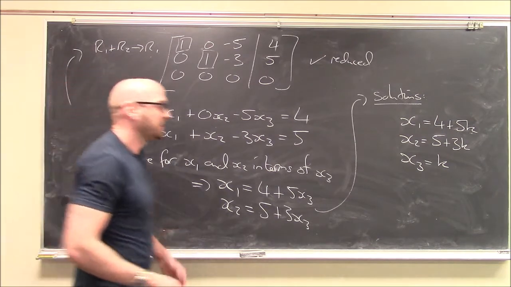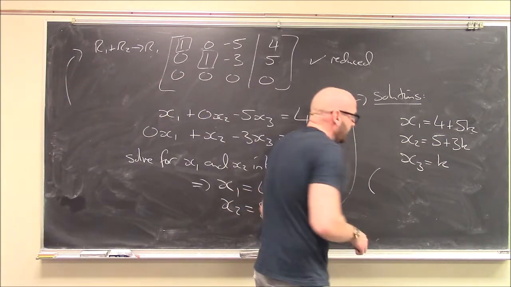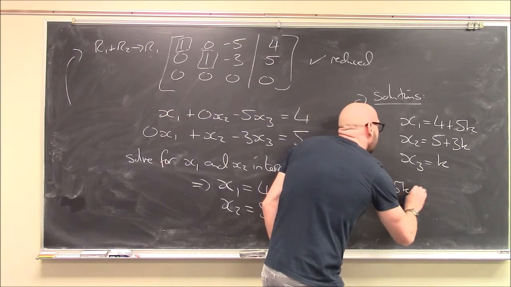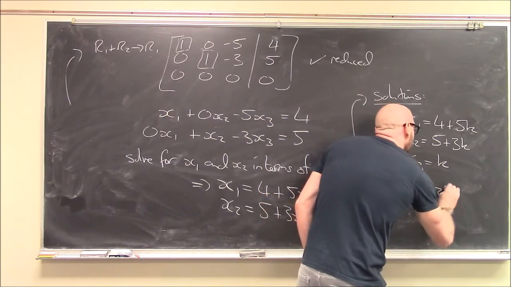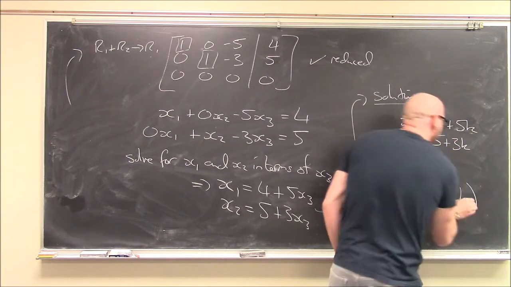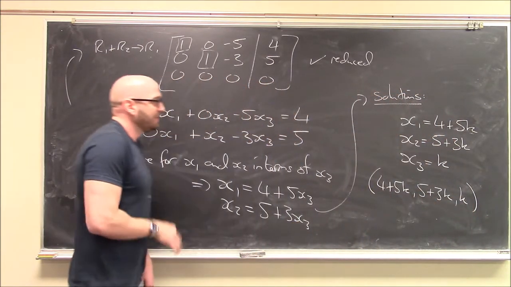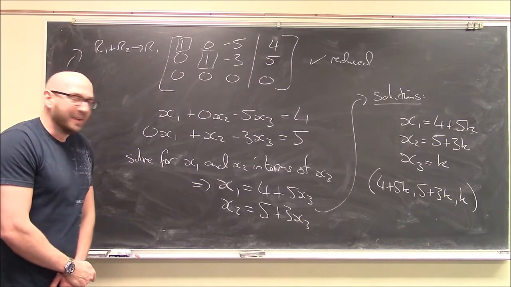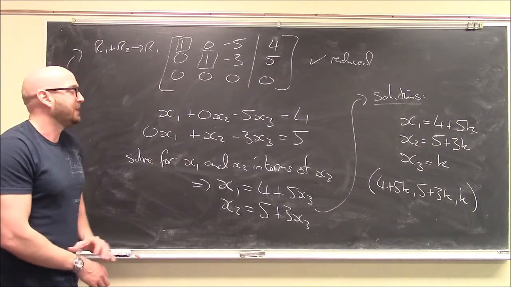Or you could write this as a point, right? As really a parameterized set of points. 4 plus 5k, 5 plus 3k, and k. You'll notice that's a point with three coordinates. It's actually a point in three-dimensional space.